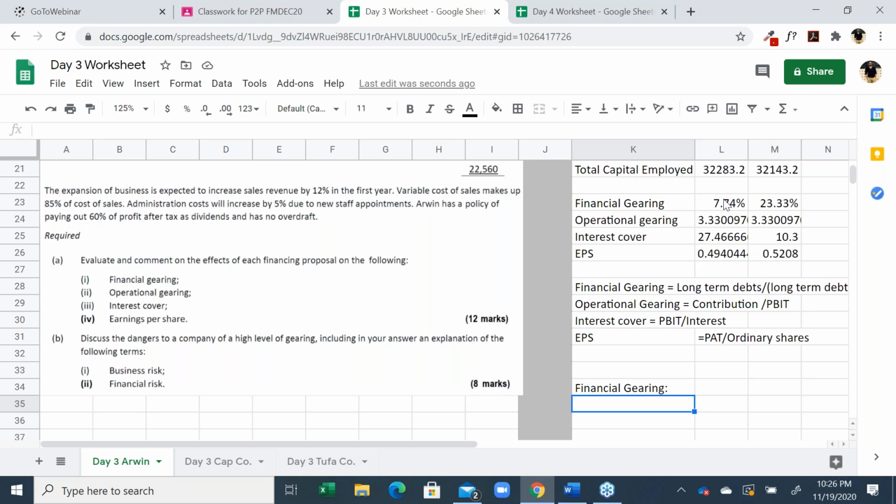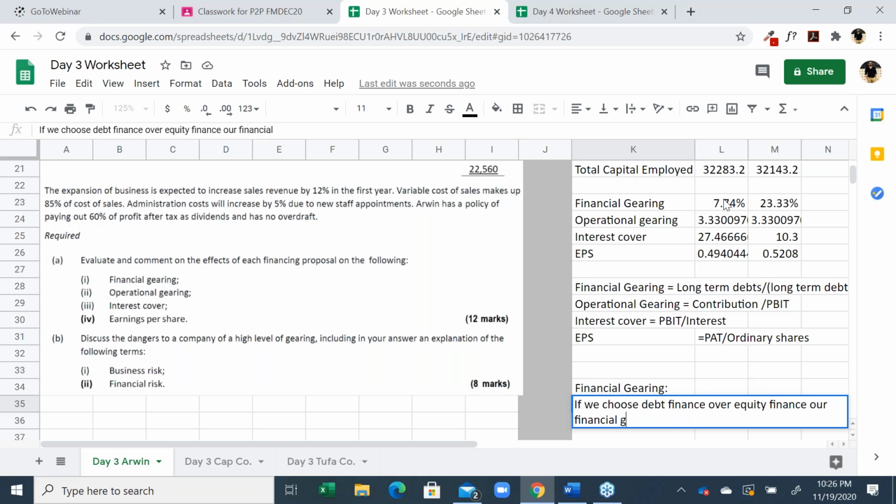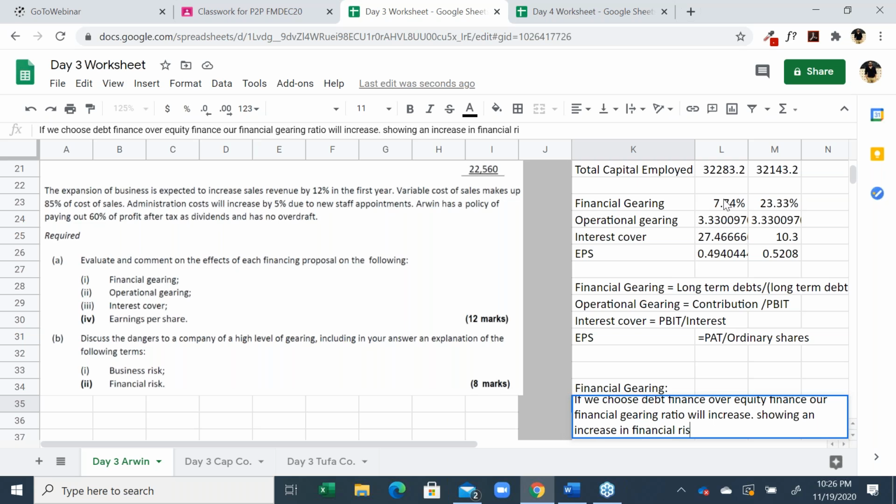So we will simply say if we choose debt finance over equity finance, our gearing ratio, financial gearing ratio, is gonna increase from 7.74 to 23.33%.